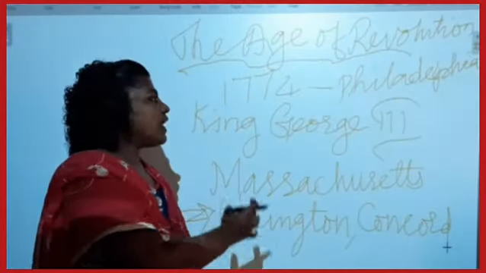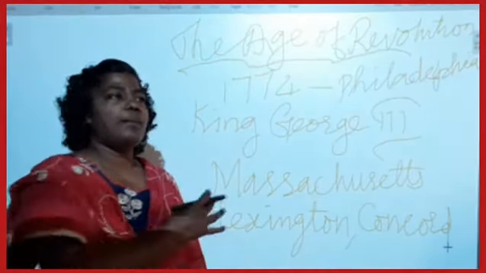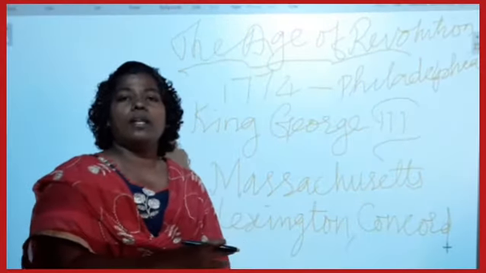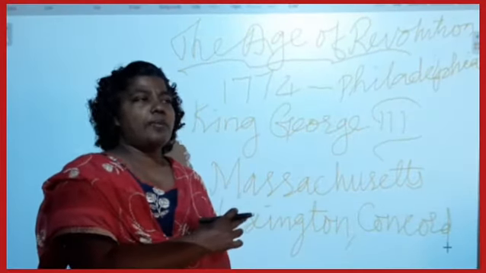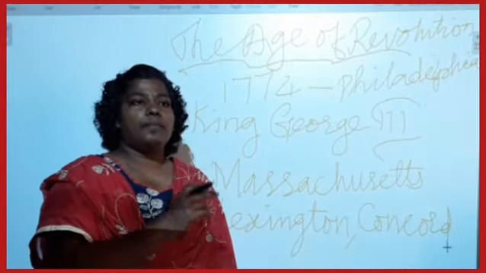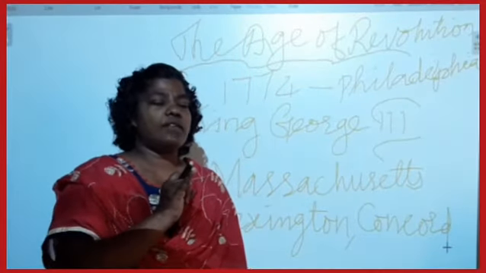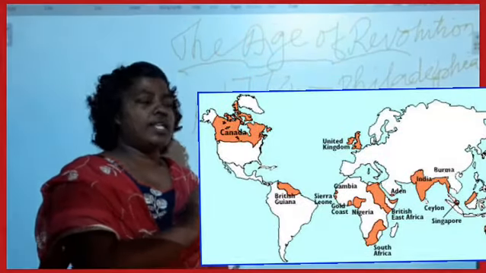Now, what are the results of this American War of Independence? This war brought a lot of changes in the American colonies as well as the British rule in America. What was the first effect? Because of the American War of Independence, there was the birth of the United States of America. That was the first result of this war.